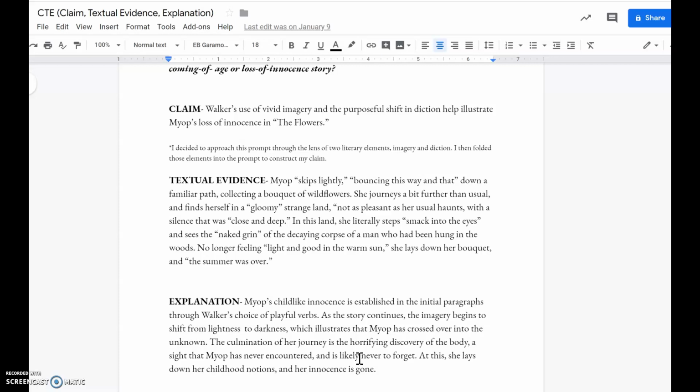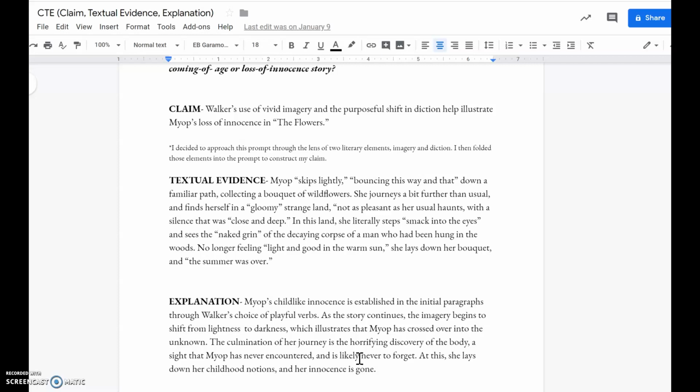She journeys a bit further than usual and finds herself in a "gloomy, strange land," not as pleasant as her usual haunts, with a silence that was "close and deep." In this land, she literally steps smack into the eyes and sees the "naked grin" of the decaying corpse of a man who had been hung in the woods. No longer feeling light and good in the warm sun, she lays down her bouquet and "the summer was over." So I did a balance of paraphrasing and textual evidence, which I've denoted by the use of the quotation marks.